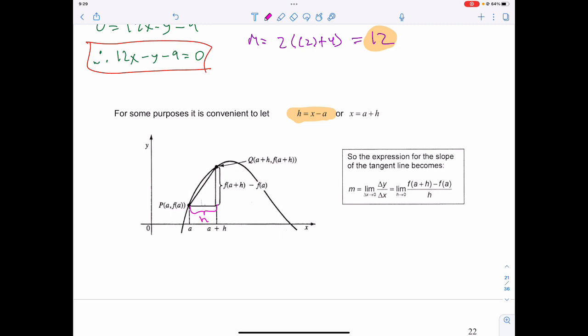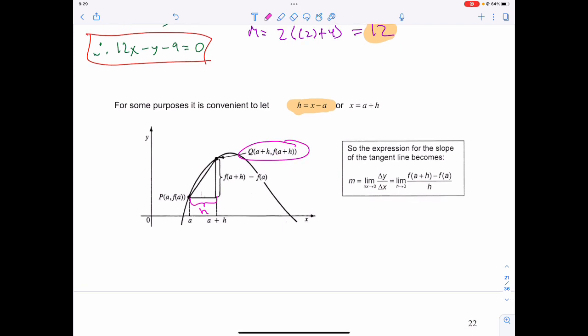Now, when we substitute that into our equation, we get the second point, which is a plus h and f of a plus h, because remember, we're solving f of that new x value. Just like in the previous one, my point of tangency did not change.